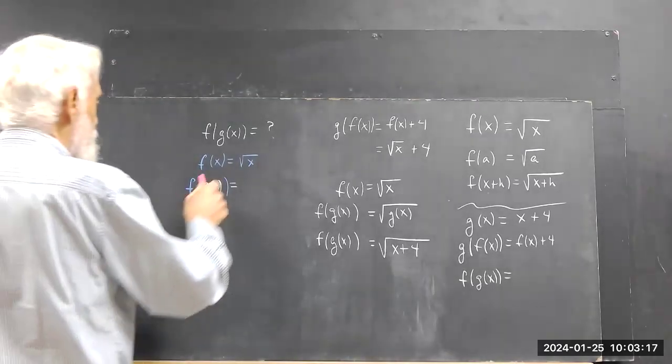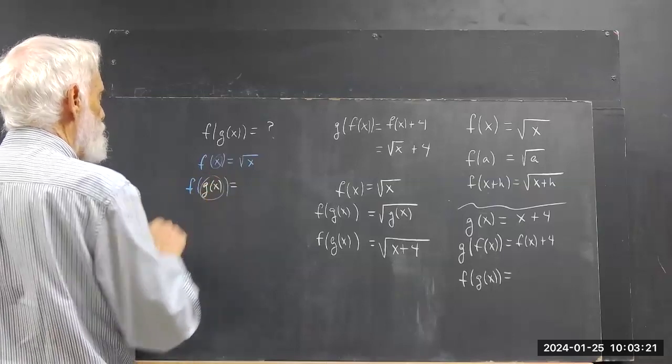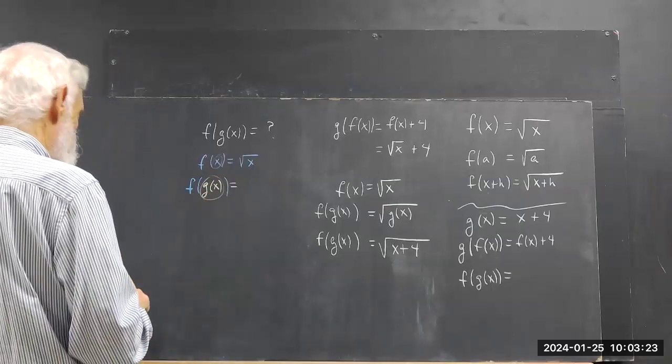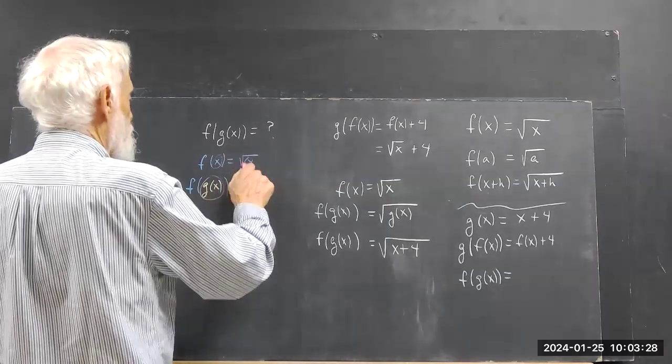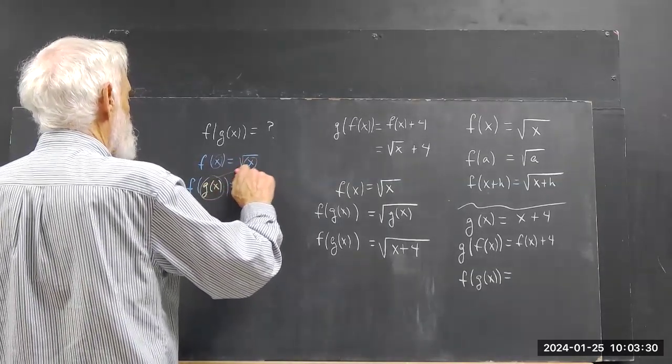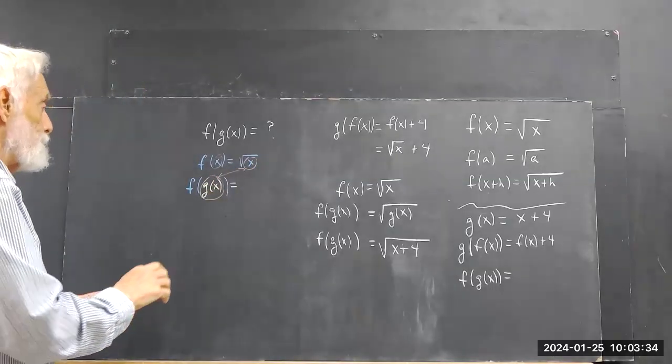Well, here we have x, and here we have g of x. What we're going to do is this x is going to be g of x.